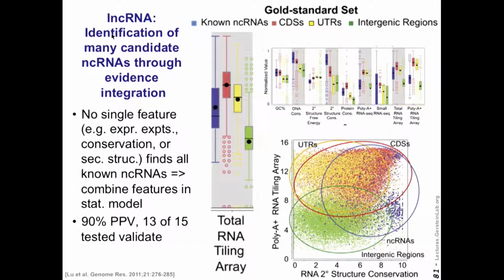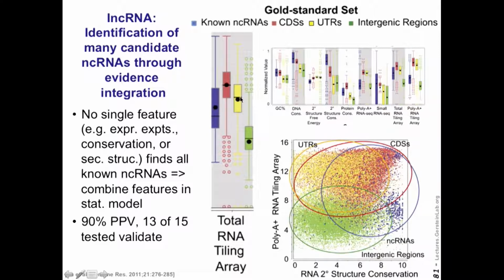So if you take your known non-coding RNAs and you take, these are genes, say CBS, protein codings. If you look at the level of expression of these, this is a total RNA. This is a tiling array experiment. It's a little bit old, but it would be about the same thing if you did a total RNA RNA-seq experiment. You can't really make a threshold to distinguish the red line from the blue line. It's just not going to work based on one.